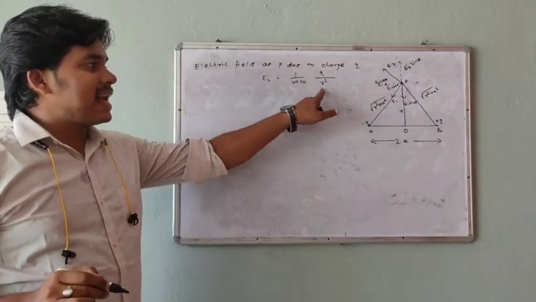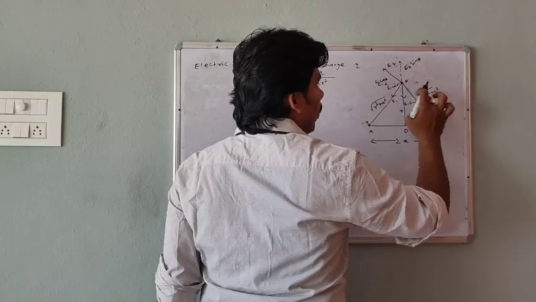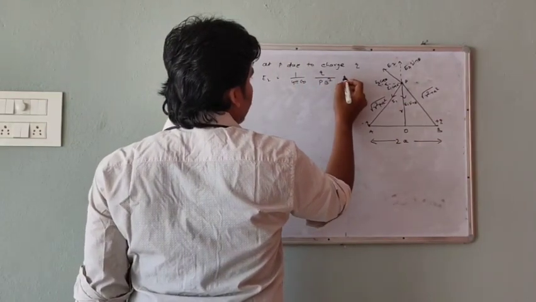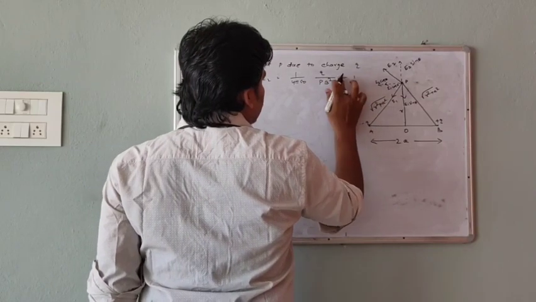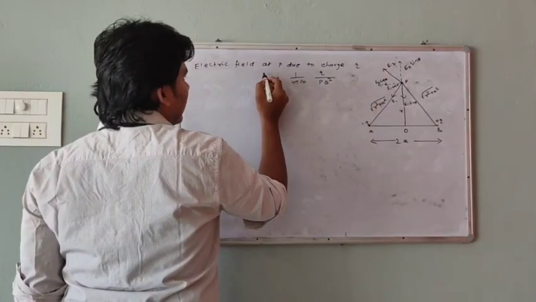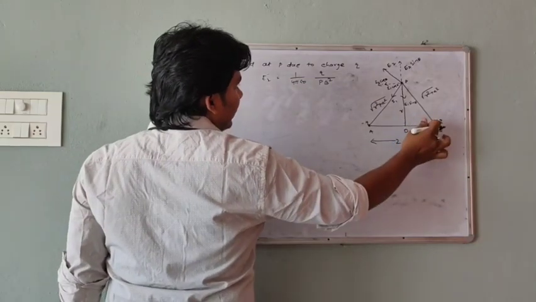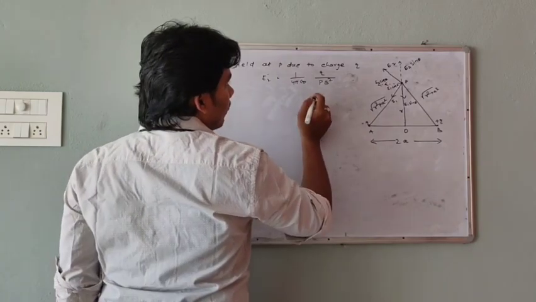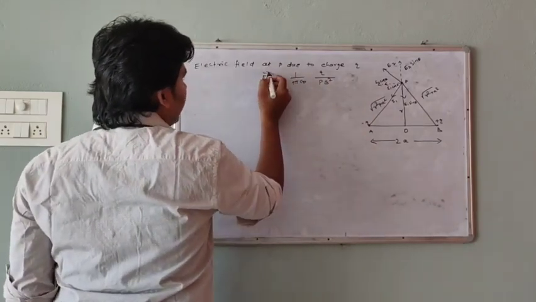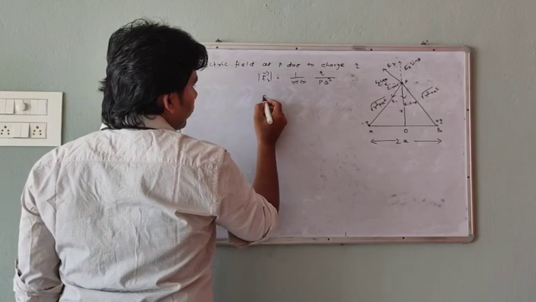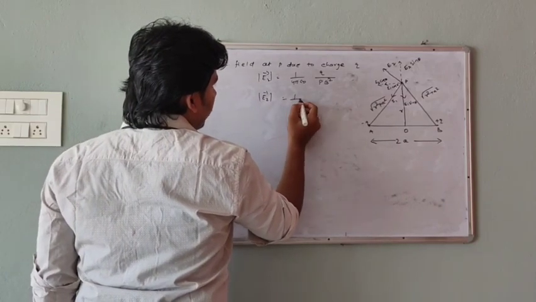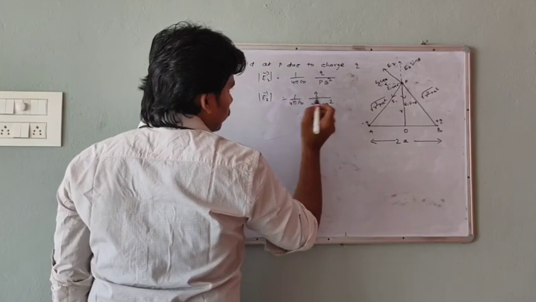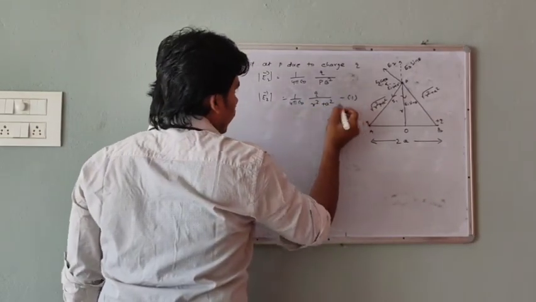Then this r becomes this one, because this will be PB square. This is the equation. If you take that vector quantity, it will be directed along the E2 vector, or along BP. I am just finding the magnitude part. That's why E2 magnitude will be 1 by 4 pi epsilon naught Q by r square plus a square. This is equation 1.